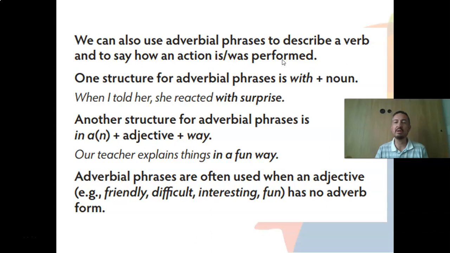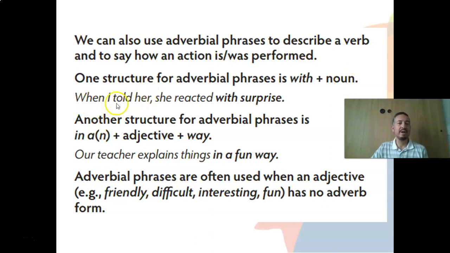Sometimes we use only one adverb, as we saw before. Adverb of manner, time, place, certainty. Okay? But sometimes we use a whole phrase more than an adverb, and it functions as an adverb in a sentence. So one structure for adverbial phrases is with plus a noun. With plus a thing. Okay, a thing.